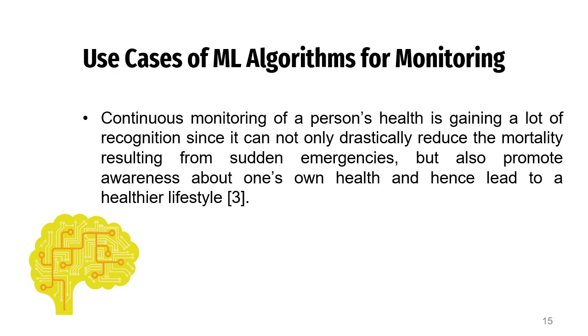Predictive maintenance. In predictive maintenance, ML algorithms can be used to predict when equipment is likely to fail based on the data from sensors and other monitoring devices. Predictive maintenance algorithms can help organizations avoid costly downtime and reduce maintenance cost.